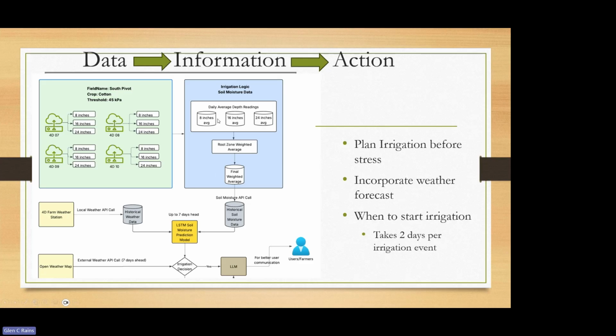We create a weighted average of all that based on some previous research, and pull that together with the historical soil moisture data and historical weather data to come up with our LSTM soil moisture prediction model. And then we take our weather forecast with that and come up with an irrigation decision.